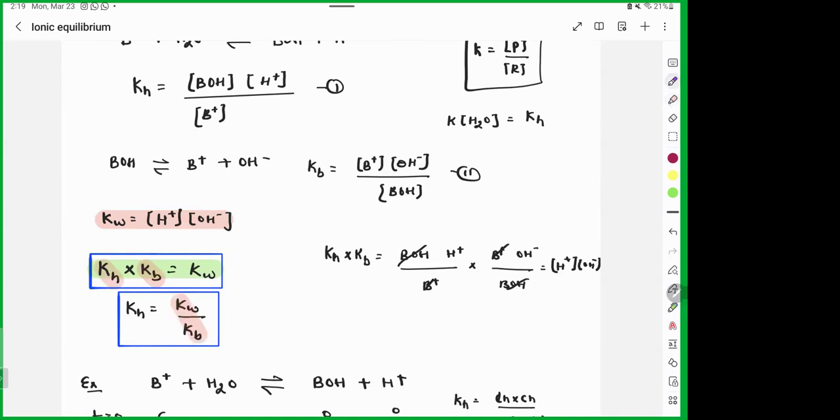In case of weak acid, weak base we already have. This is weak base. In weak acid, it will be this. Done.